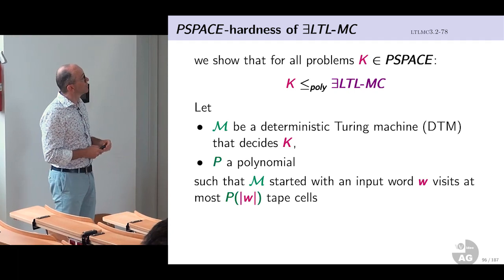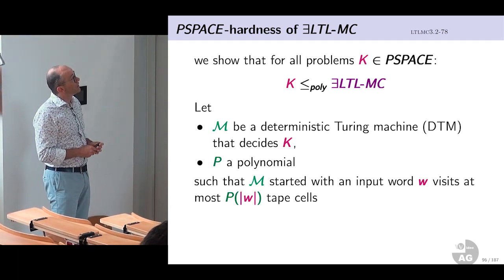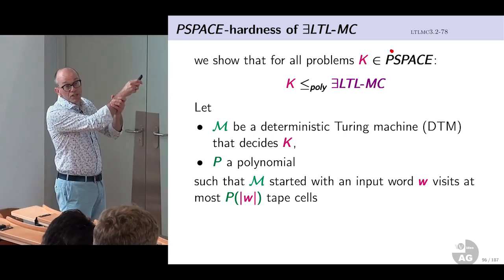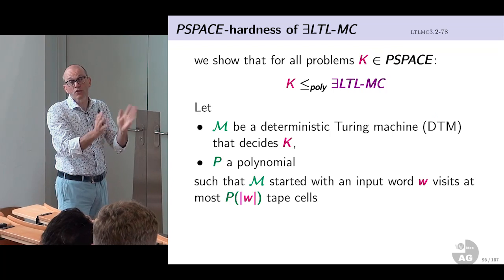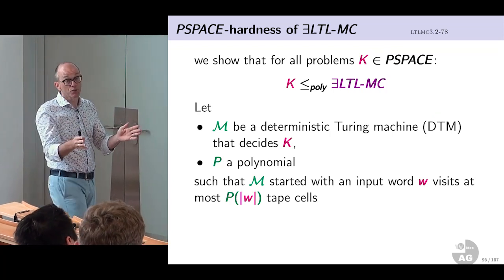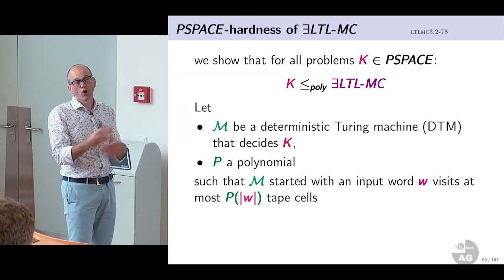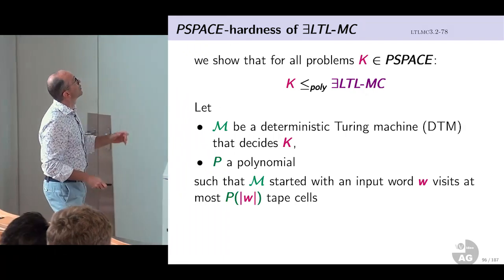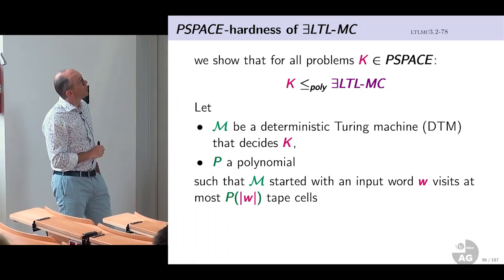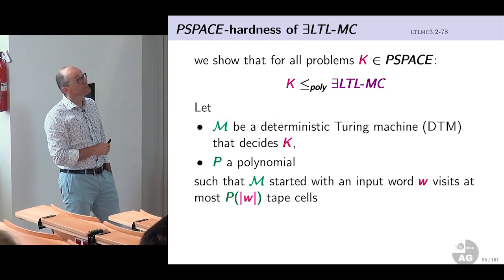So what are we going to do? I'm going to take a deterministic Turing machine. Why deterministic? Well, I'm going to use the fact now that we are in PSPACE. PSPACE means deterministic computation in polynomial space. So now in the hardness proof, I want to get rid of this guessing, because it only complicates matters here. So I'm going to use the fact that this Turing machine is deterministic. What is the Turing machine going to do? Well, it's going to decide the decision problem K for us.